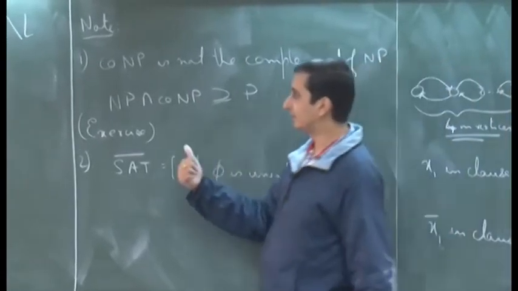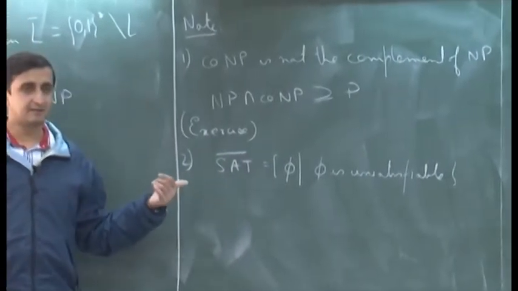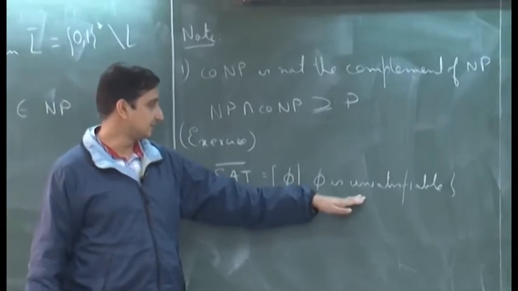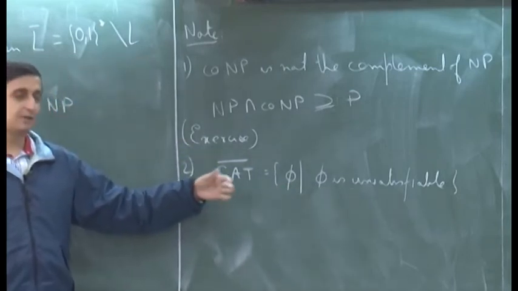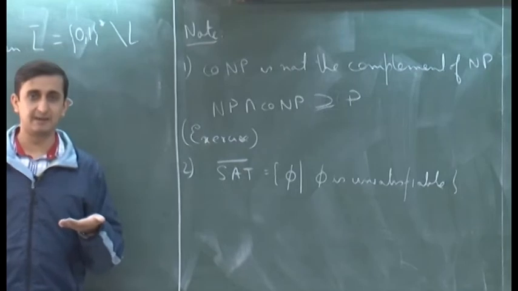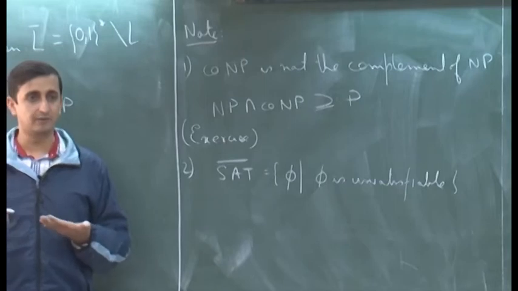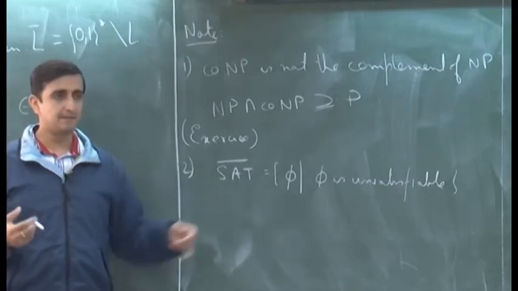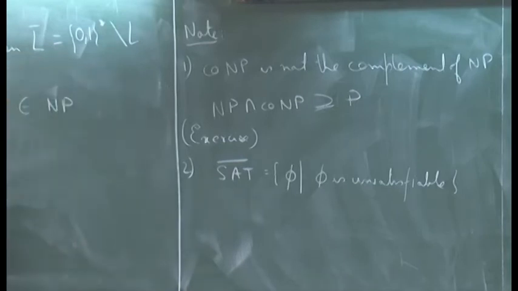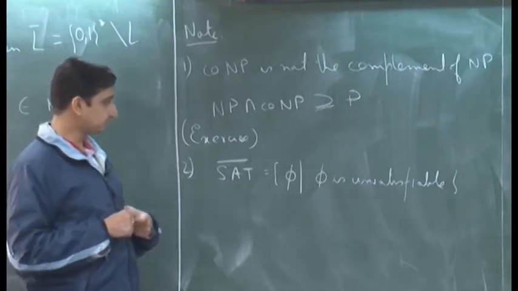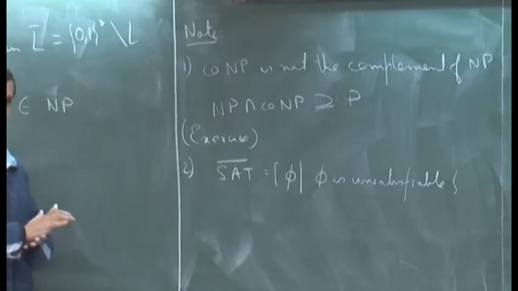In the earlier case, all those formulas which belong to SAT had a satisfying assignment, and here I am considering formulas which do not have any satisfying assignment. The reason why I can do that is because if you are given some other string, I can easily run through the string and check whether it is a valid encoding of a formula or not, and depending on that I can just accept or reject. That is the reason why I can make such a definition. So, just keep this point in mind.